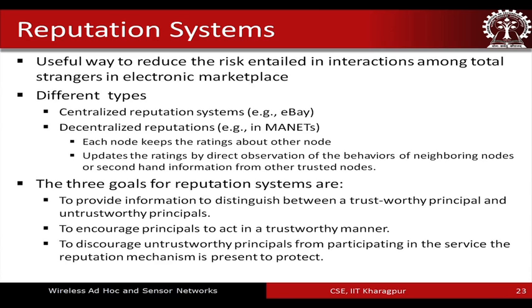On the contrary, there is a whole separate class of systems for countering misbehavior, which are called the reputation based systems, which have been proposed, and which do not suffer from some of these disadvantages that we have seen, but they have their own set of advantages and disadvantages.